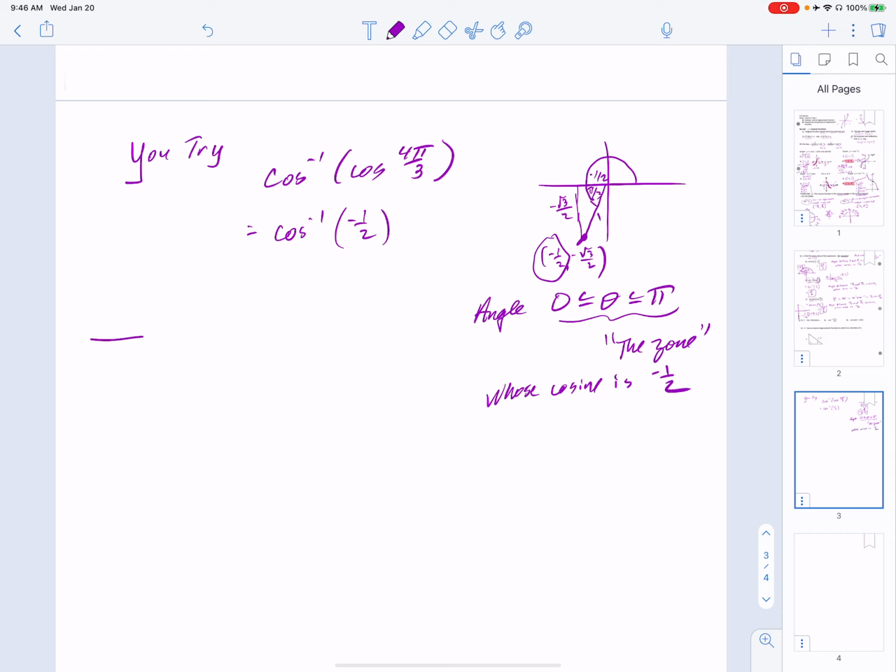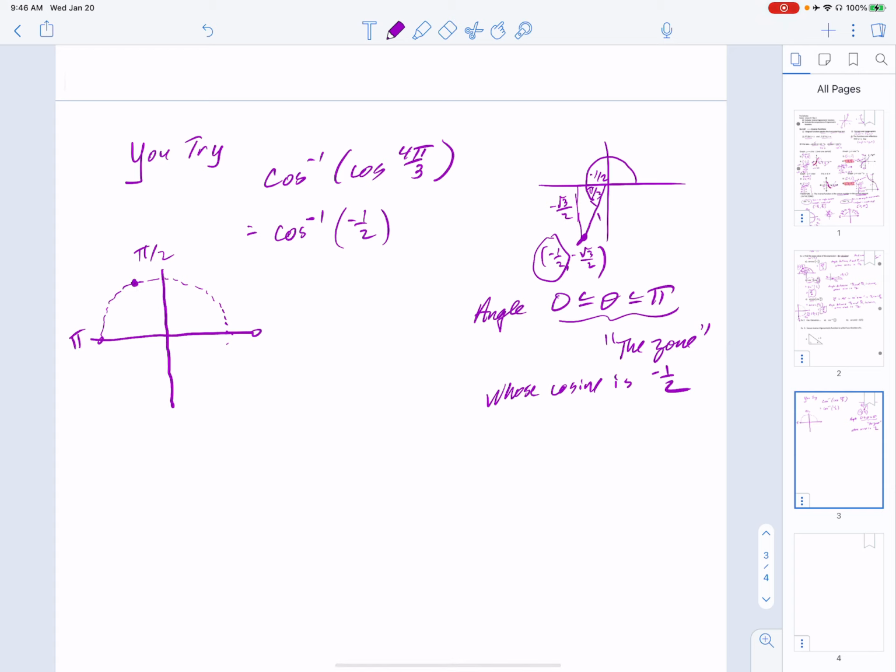And so you have to think about, okay, the ratio is negative, so I have to restrict my answers in inverse cosine from 0 to pi halves to pi, including 0 and pi. That's where my angles have to be for the output of inverse cosine. That's the restricted zone. Well, cosine's not negative in quadrant 1, so I need quadrant 2 where cosine's -1/2.